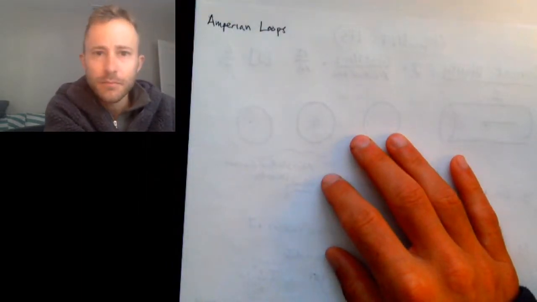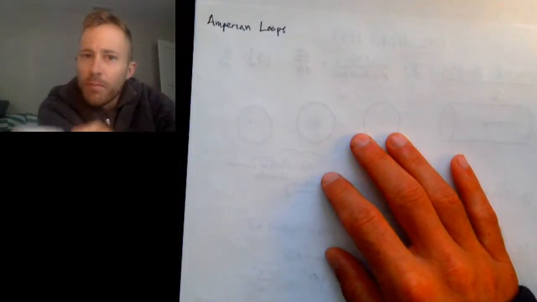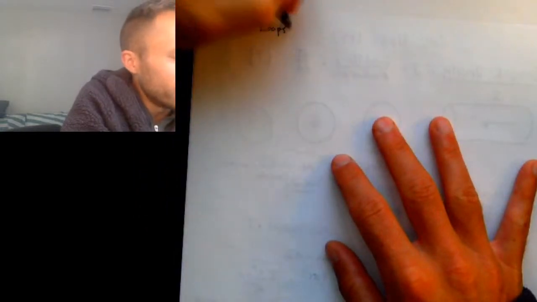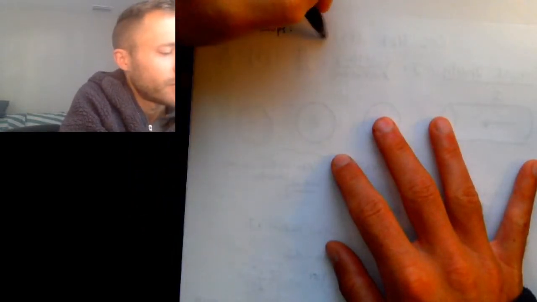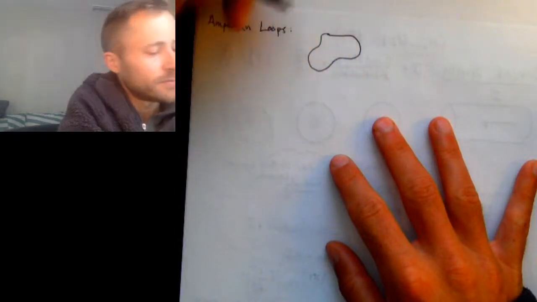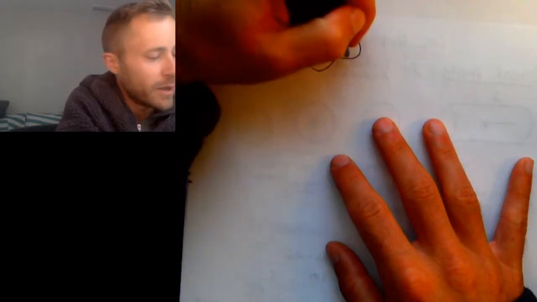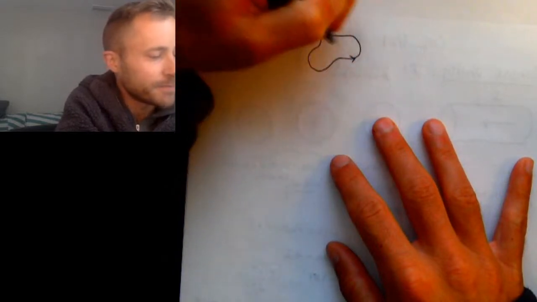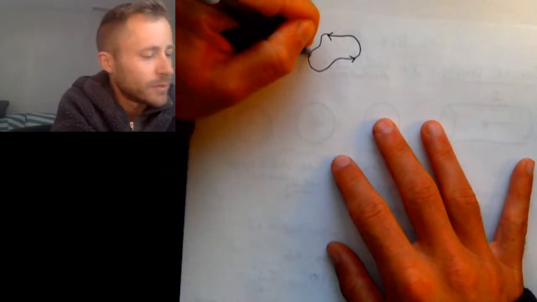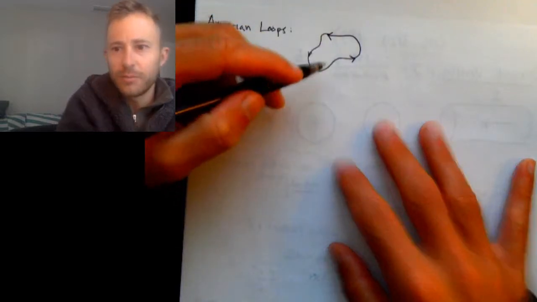An Amperian loop is like a lasso. Think about it like a lasso. And it has a direction. So there's a direction, and that's like the direction that you're walking around the loop, if you will.